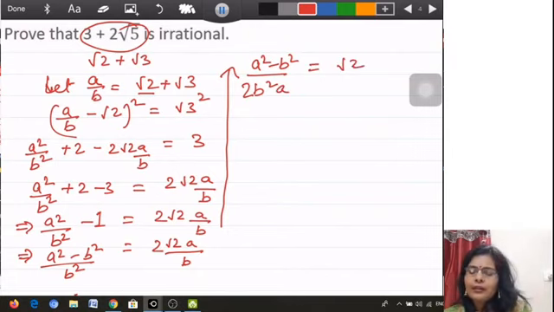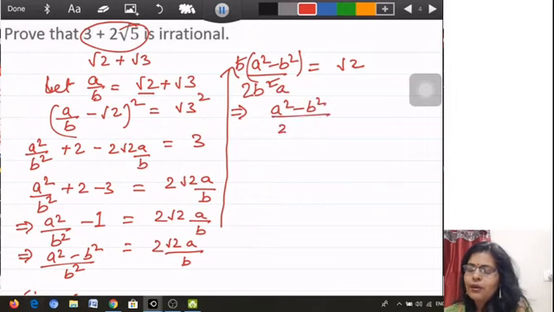So a square minus b square, this 2 has come to the denominator, b will come to the numerator. So this b will be divided with this. So what do we get? A square minus b square upon 2ab is equal to root 2.